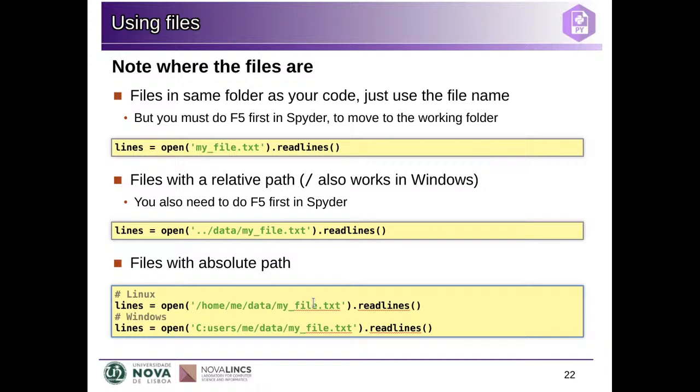However, Python also understands this saner notation of using the / even in Windows. So even if you are working in Windows, you can use the / as in Linux or Mac OS. So it works the same there. My recommendation is to always use the /, but if you want to use the backslash, you need to put two of them, something like this.